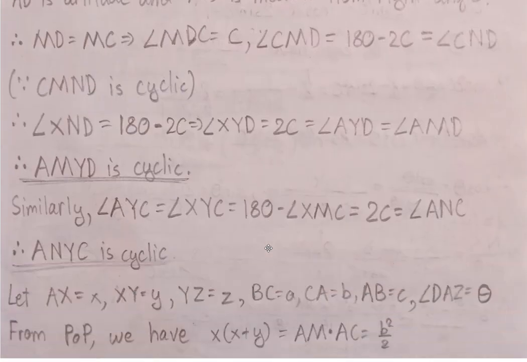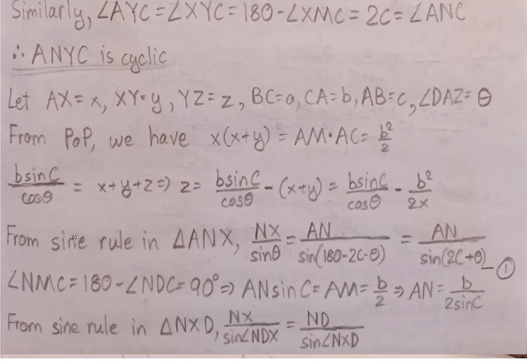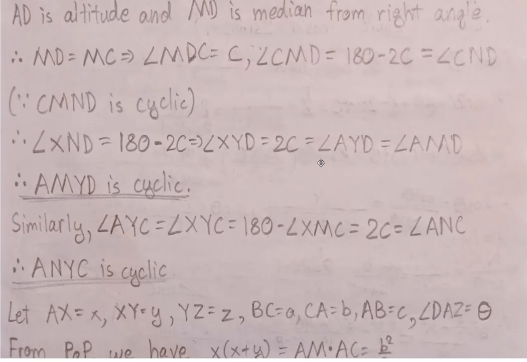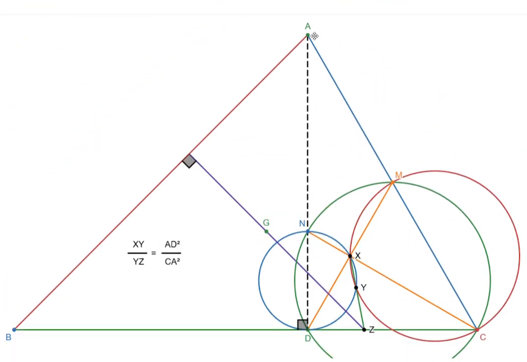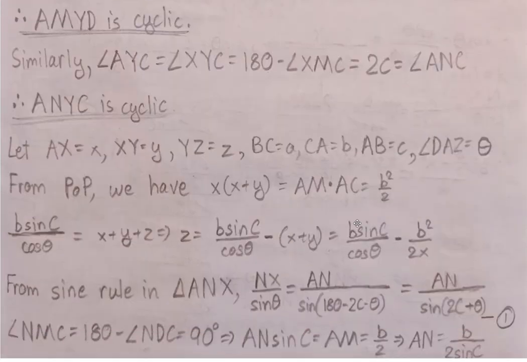We're assuming it as a variable, so that will be easier. And then from power of a point, we have AX into AY, which is basically x plus y, will be equal to AM into AC, which is basically just b by 2 into b, which is b squared by 2.